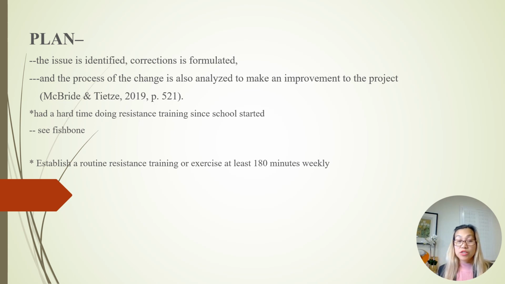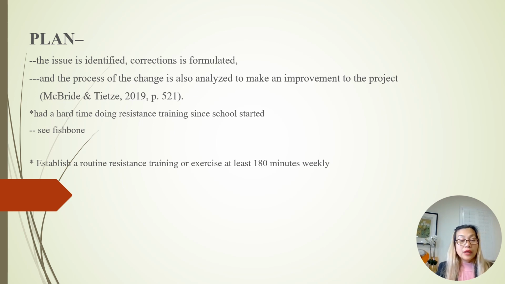This is when the issue is identified, a correction is formulated, and the process of change is analyzed. For me, I had a hard time establishing resistance training since school started. See my fishbone for further details.